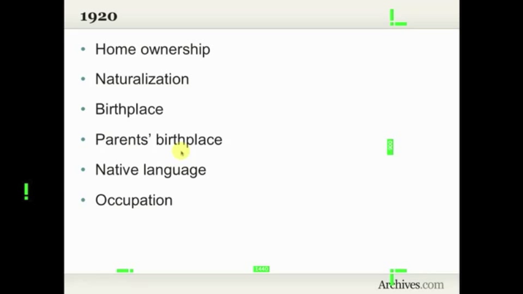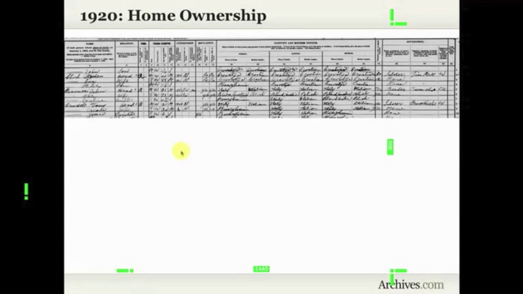Now, 1920, we have some information that tends to get skipped over when we're looking at the census, like home ownership, naturalization, birthplace, parents' birthplace, native language, and occupation. Let's take a look first at home ownership.